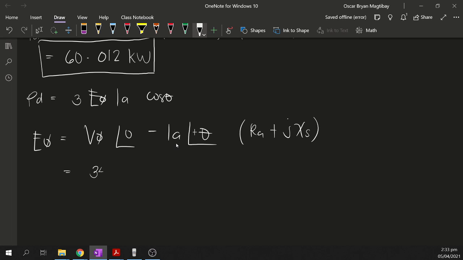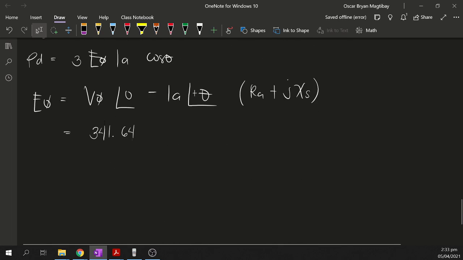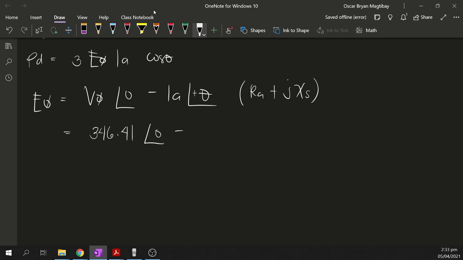So this is 341.64, tama ba? Yung ating V phase. Oh, mali pala. 346.41. Naduling si Sir Oka. 346.41 angle 0 minus IA, ano IA natin? 73.15 angle positive 36.87.